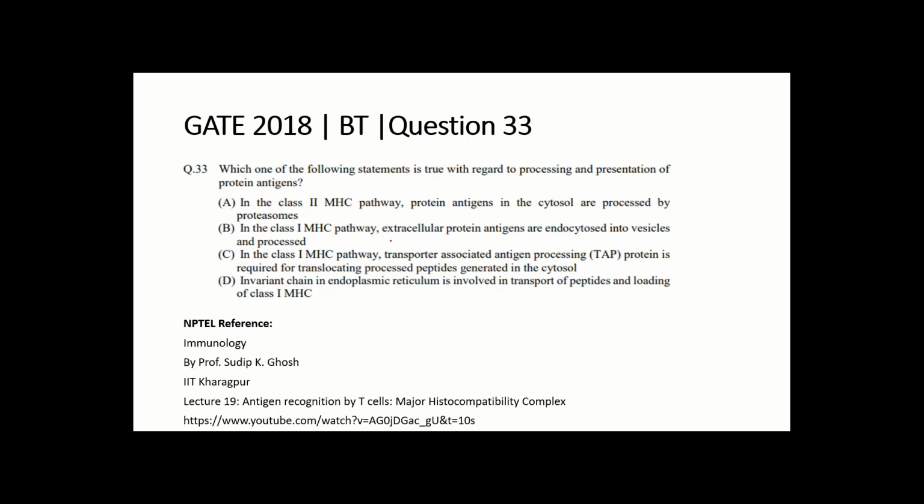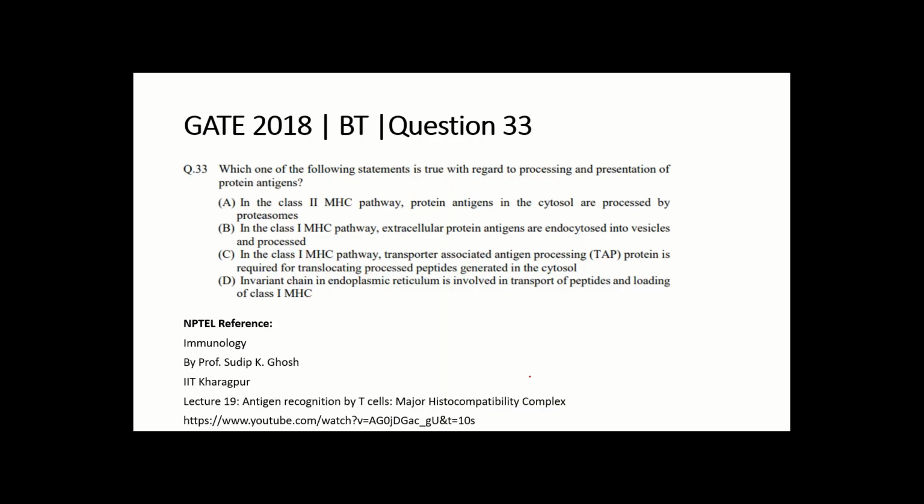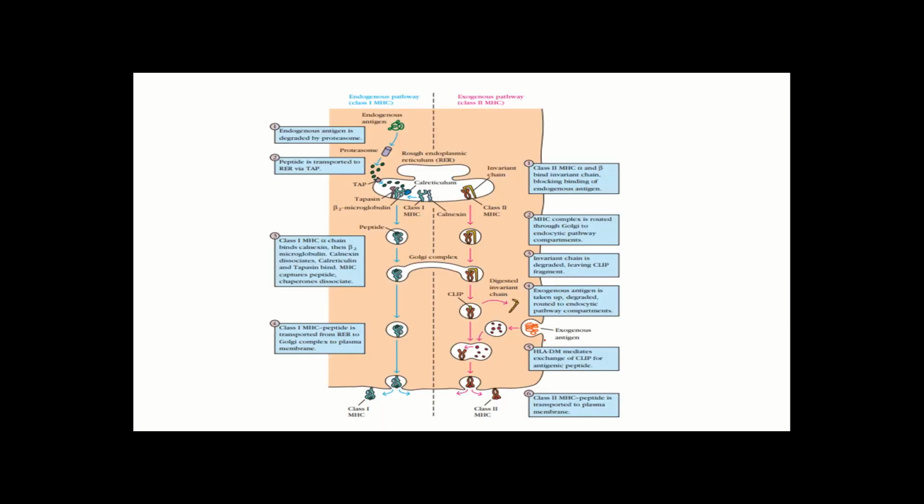Next: in the class 1 MHC pathway, extracellular protein antigens are endocytosed into vesicles and processed. This is again not true, because the endocytosis of the foreign or exogenous antigen and its processing occurs in the class 2 MHC pathway.